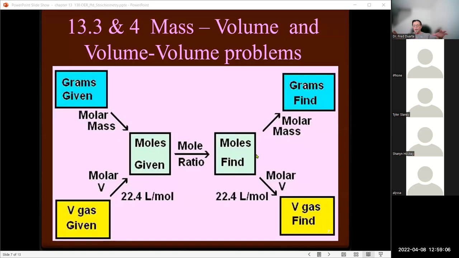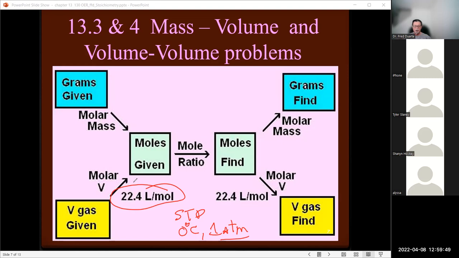So this flow chart, if you follow this flow chart, this will get you from point A to point B, okay? And then it also incorporates the calculations about gases at STP. We call that STP, 0 degrees Celsius and 1 atmosphere, okay? 1 mole of gas occupies a volume of 22.4 liters, okay? But only at STP.